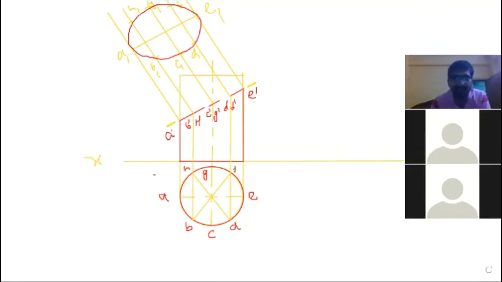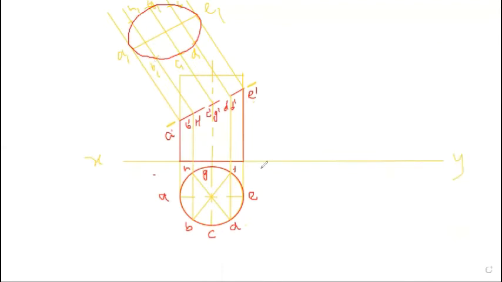Now we draw the side sectional view. For the side sectional view, the procedure remains the same, similar to solid projection. First we draw the 45 degree line, and each point.